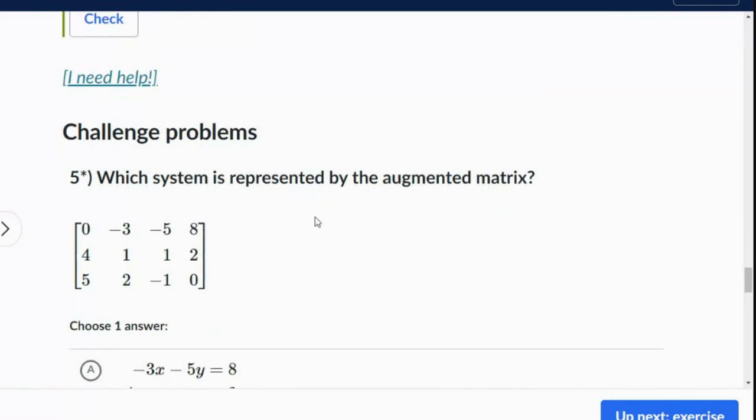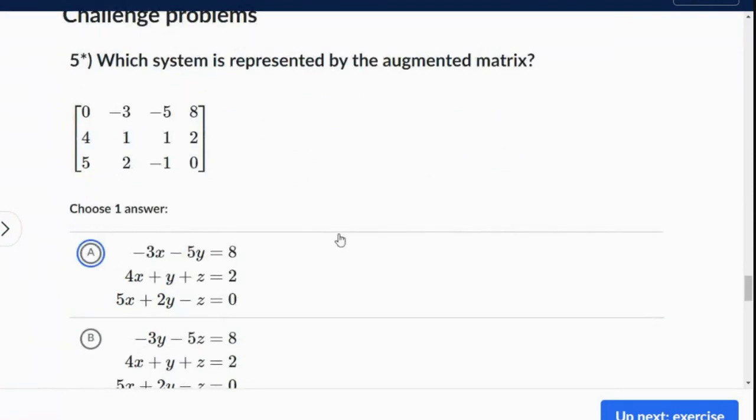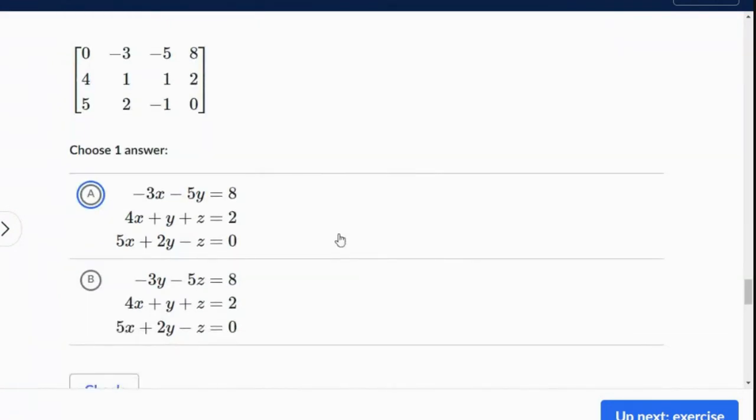Oh, challenge problems. All right. Oh, they're doing it backwards now. They gave us the matrix, and we have to choose the system of equations. Oh, this is good. All right. Looking at the 820, that's the same in both of them. They both have 820 on the right. So the problem is over here.